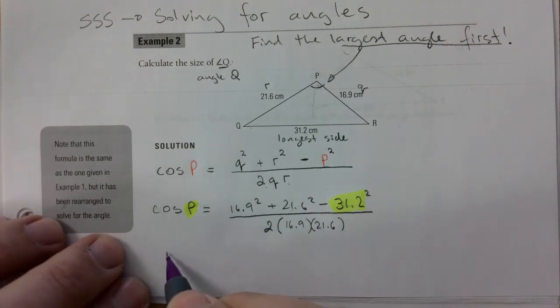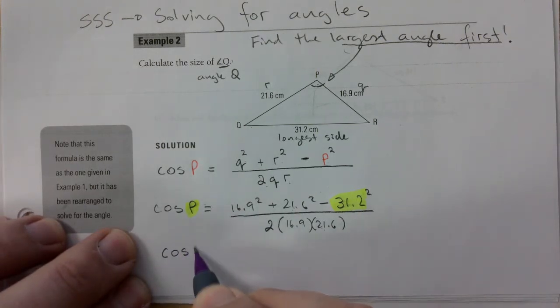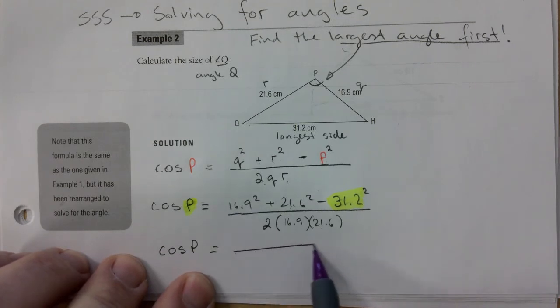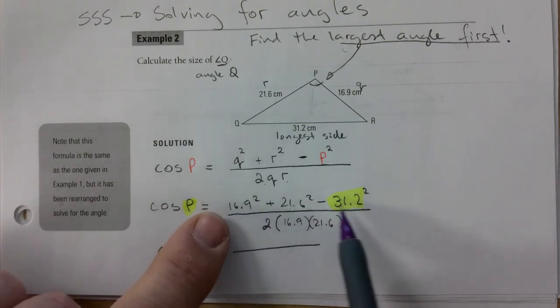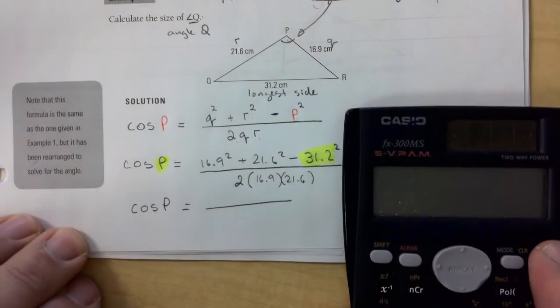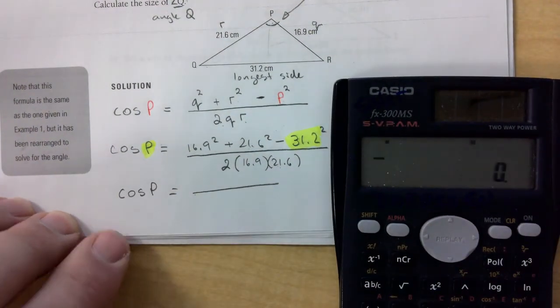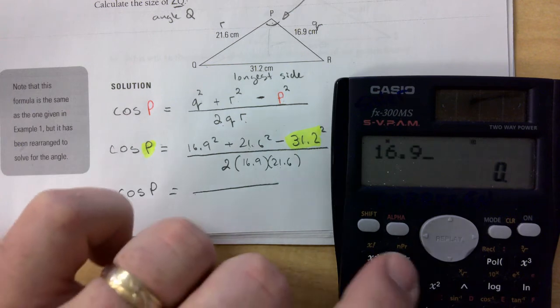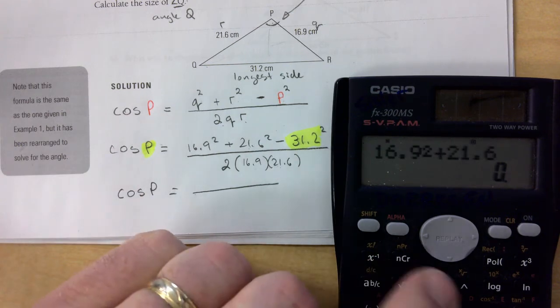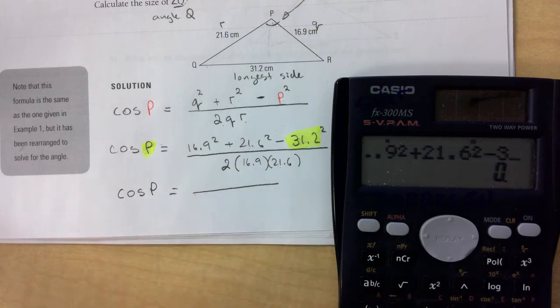All right, this looks very intimidating at first, but we're going to do one line at a time. So we're going to figure out what the top gives us. So grab your calculator, right, and you go 16.9 squared plus 21.6 squared minus 31.2 squared.